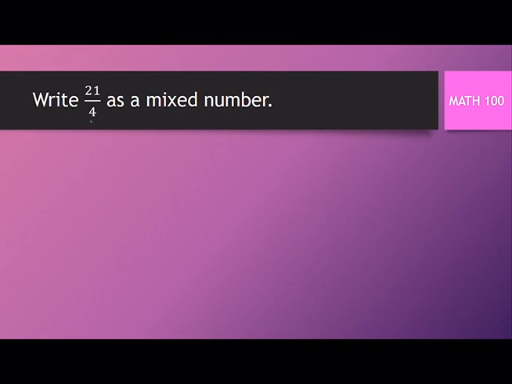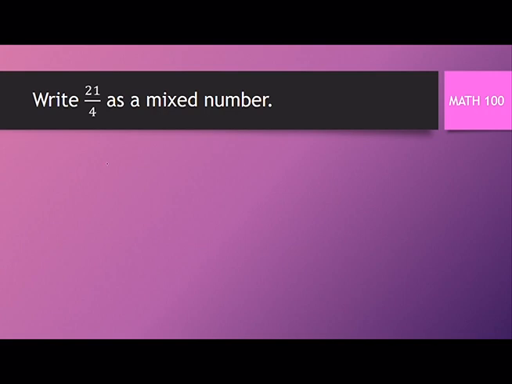So writing this into a mixed number, we simply take this as a division. As I mentioned a while ago, your top number, the numerator, is your dividend and the denominator is your divisor.